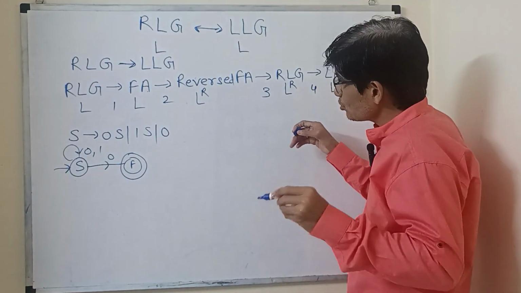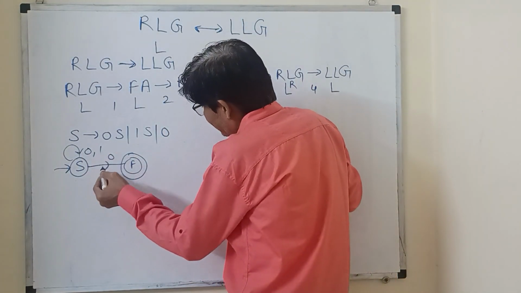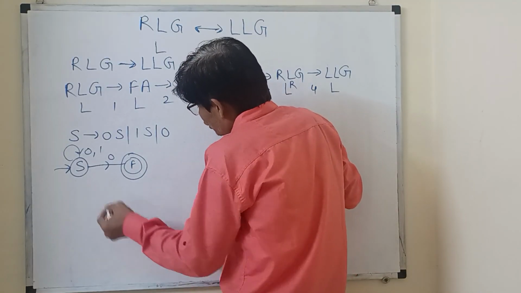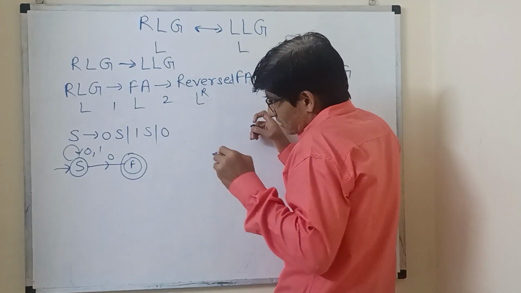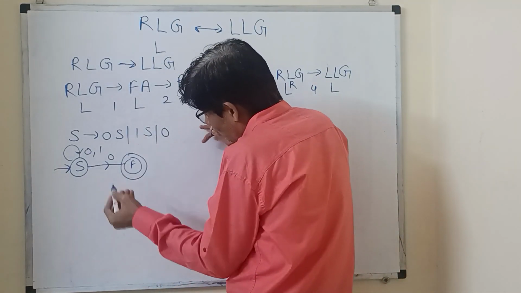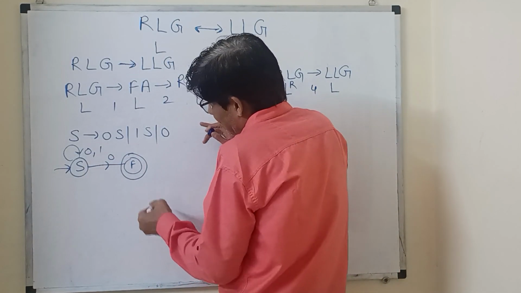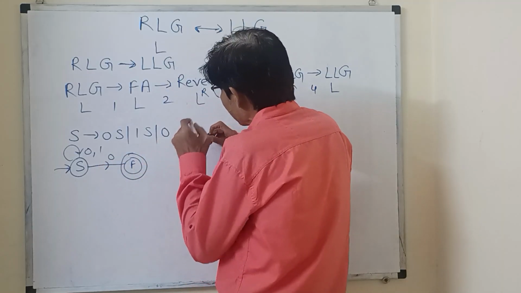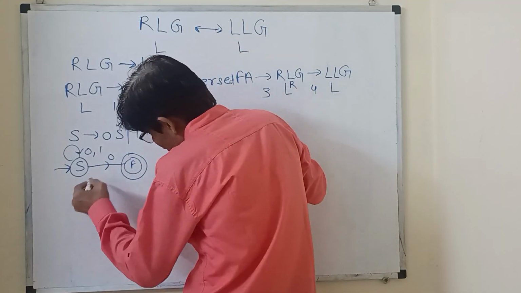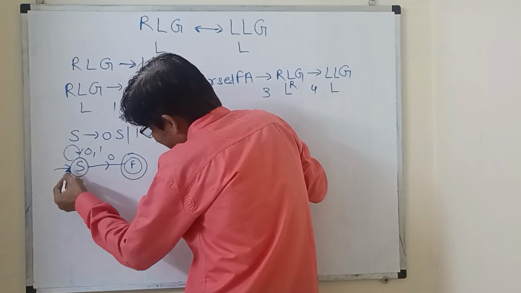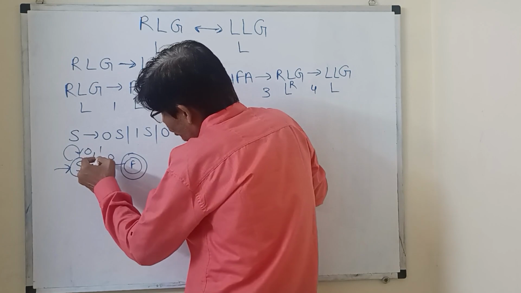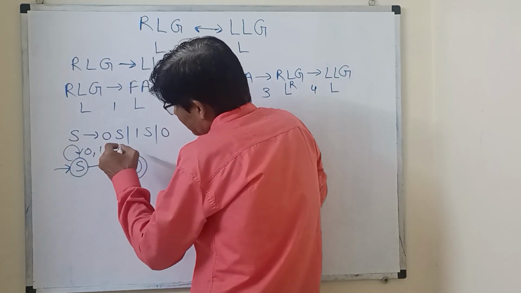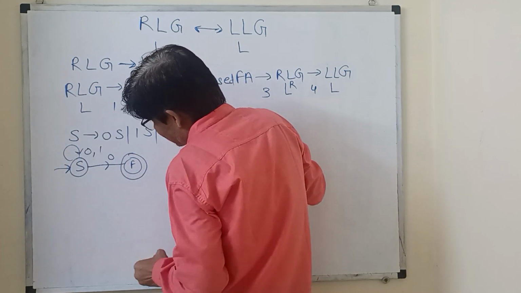Now I need to reverse this finite automata so that it will accept the reversal of the language. How can you convert it to accept the reversal of the language? You just interchange the final and initial states, and also reverse the direction of each transition.